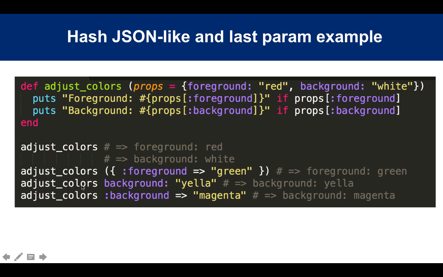Also, because the hash is the only parameter, which is arguably the last parameter to a method as well, you don't have to specify the curlies. So the parentheses are always optional, but even the curlies you could drop, so you could just have a method name and the hash that you're passing into a method. And of course, you could also use the symbol and the arrow syntax, so key and then the value, and not specify the curlies.